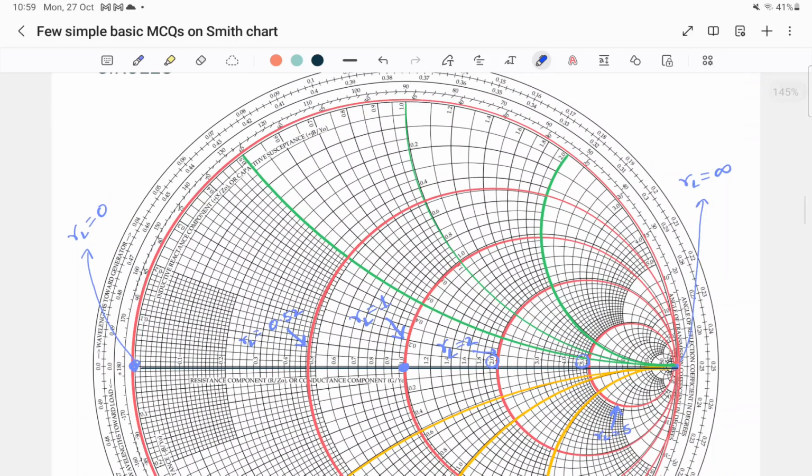This means that smaller the radius of the circle, larger will be the value of the reactance, which means if the radius of the reactance circle is 0, then the value of the reactance will be infinity. That simply means that when we reach this point, it also represents XL equal to infinity.